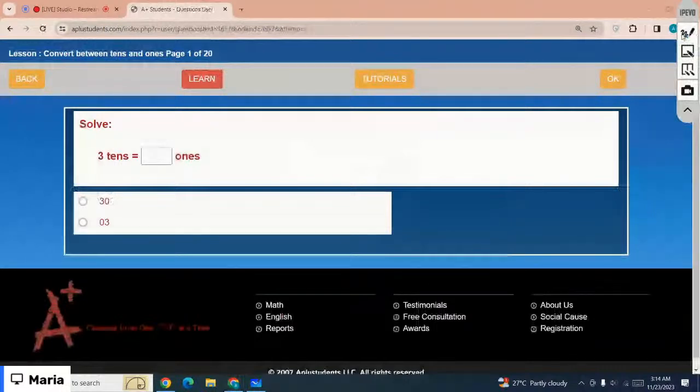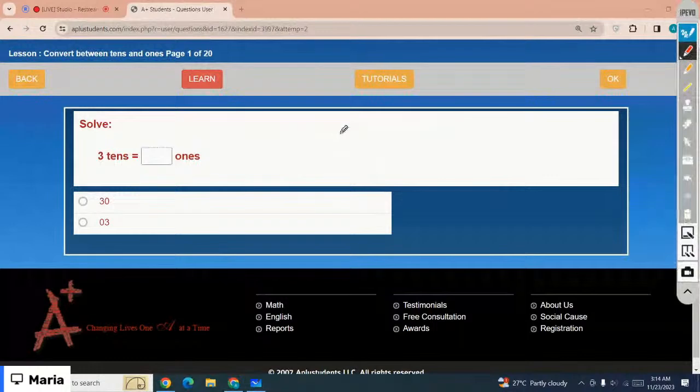Which is the correct option? 3 tens means you have counting from 1 up till 30, right?